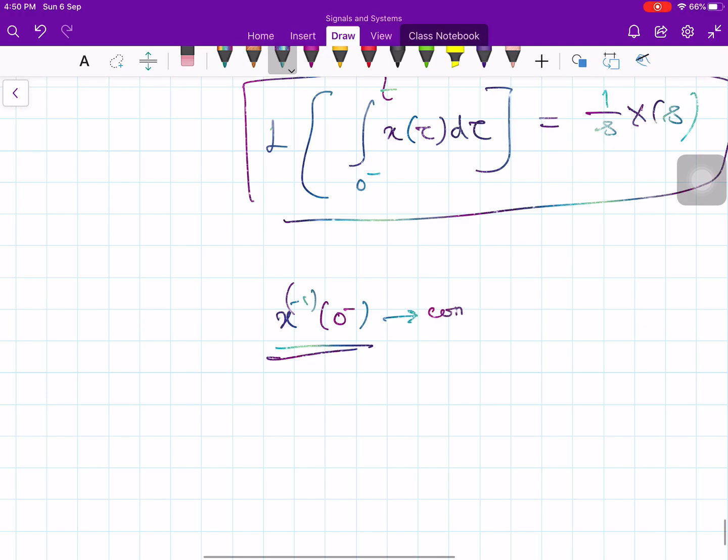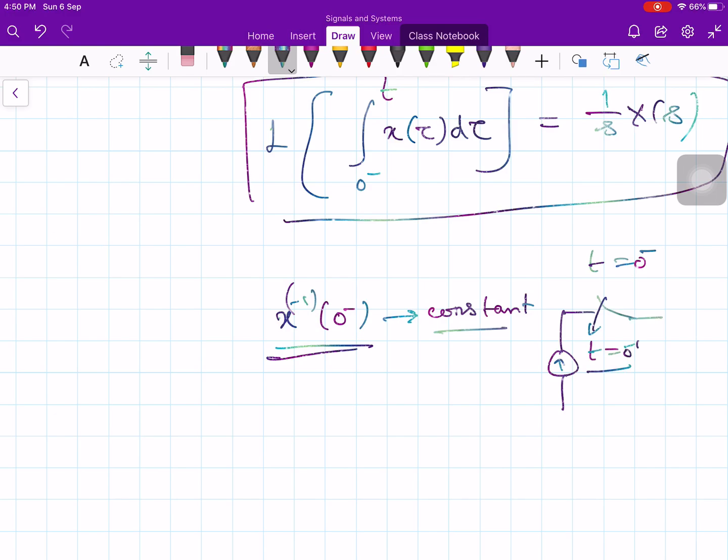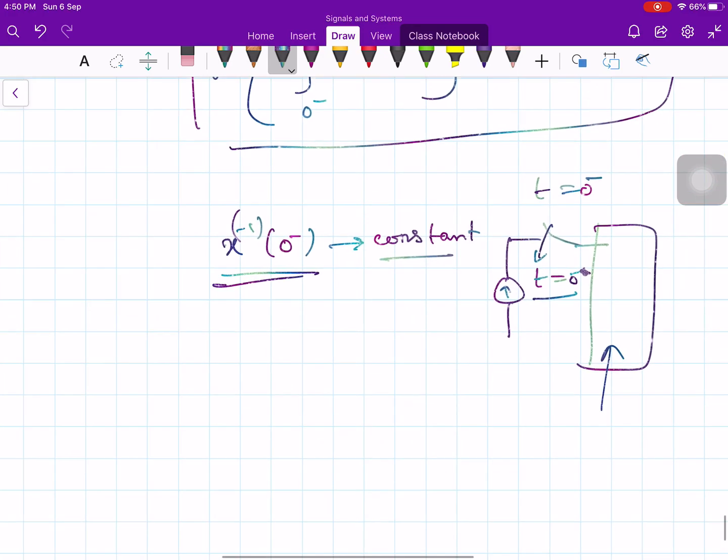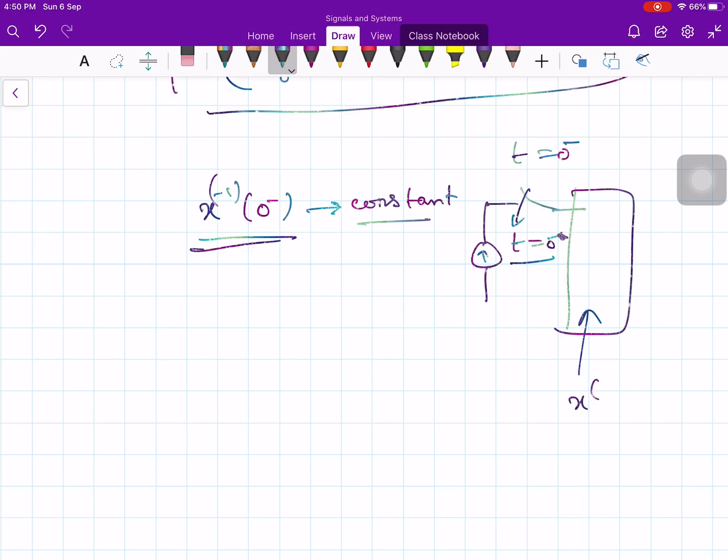This is the amount of charge stored in the circuit before you close the switch at t equals 0 minus. You have a circuit, you are pumping some current, and you close the switch at t equals 0 minus. Before that, some amount of charge will be there in the circuit. That charge we denote by x to the minus 1 of 0 minus, and this charge is constant.